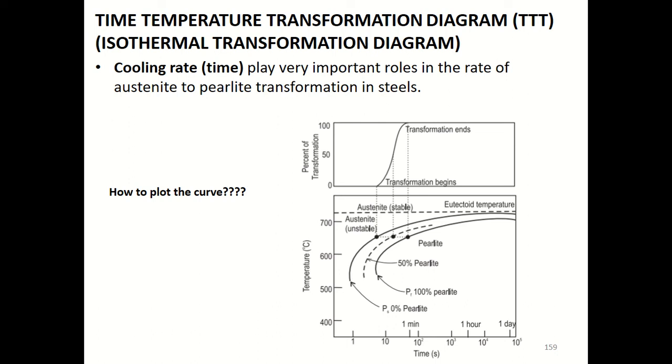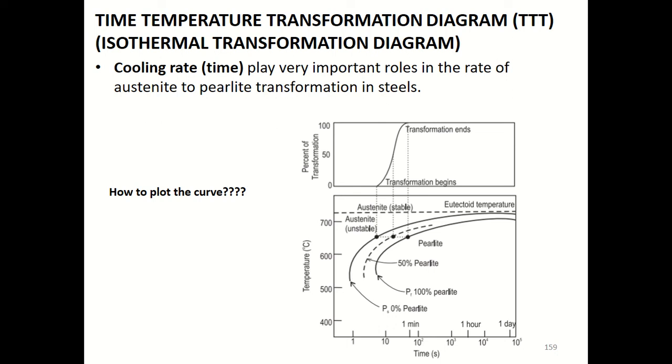If you look at the image in this slide, what it shows is the temperature dependence of pearlite transformation of eutectoid steel. When I say pearlite transformation, I mean the austenite to pearlite transformation. That point you should remember.